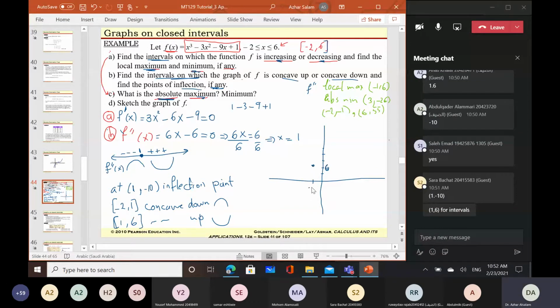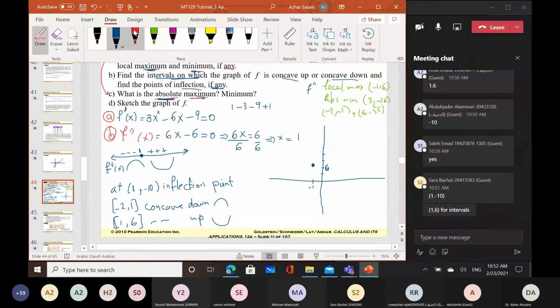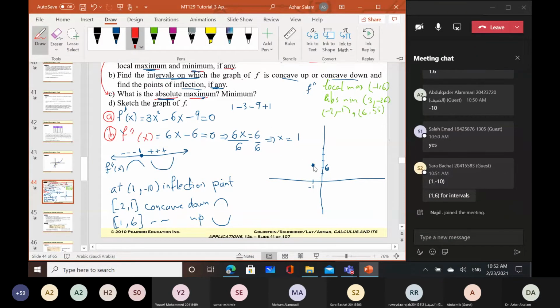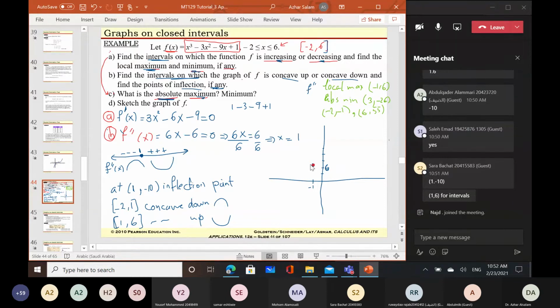So this is minus 1 and 6. This is a point, not an interval. This is the point which I said is a local maximum.